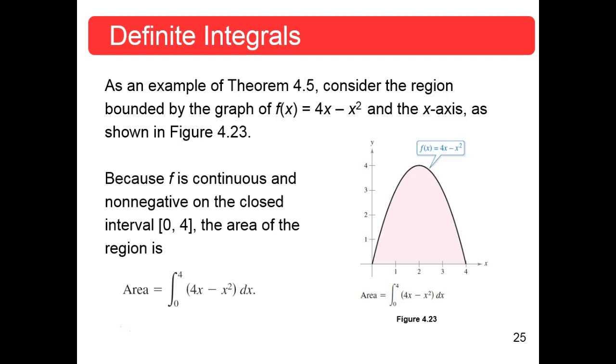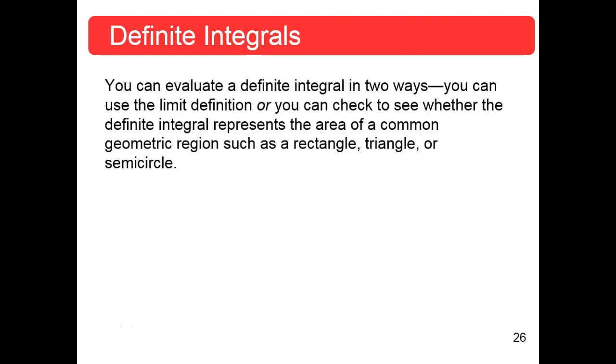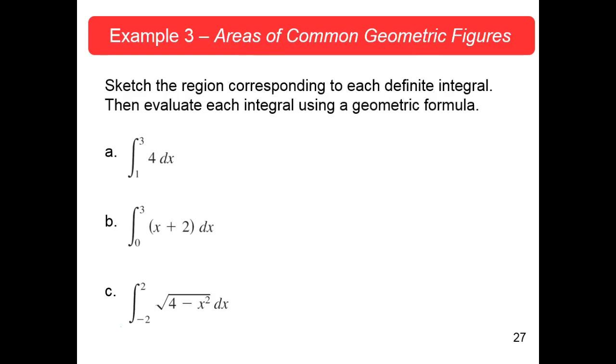Okay? You can evaluate the definite integral in 2 ways. You can use the limit definition. Yes, I want to do that one. Or you can check to see whether the definite integral represents the area of a common geometric region, such as a rectangle, triangle, or semicircle. Well, that's none of those.